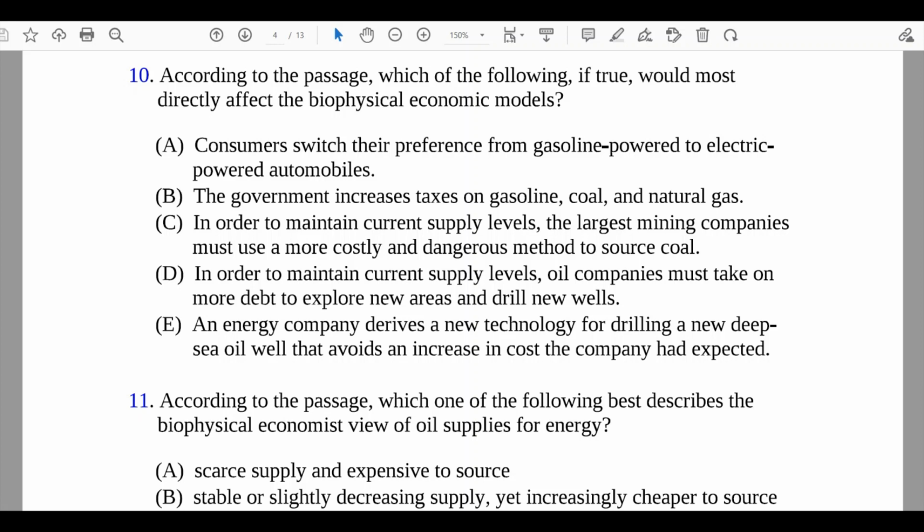Let's talk about answer B. It involves government intervention in the economy, and taxes will only affect consumer behavior and not the underlying energy delivery or consumption.